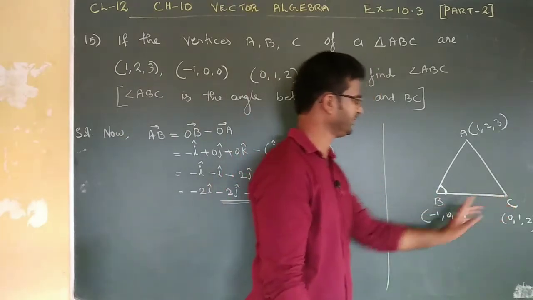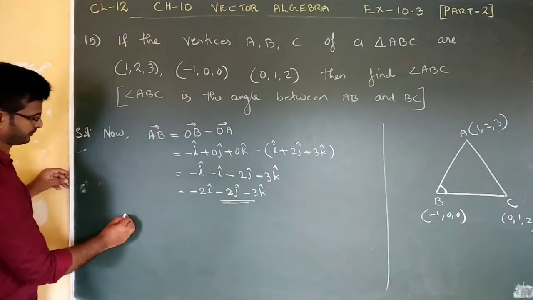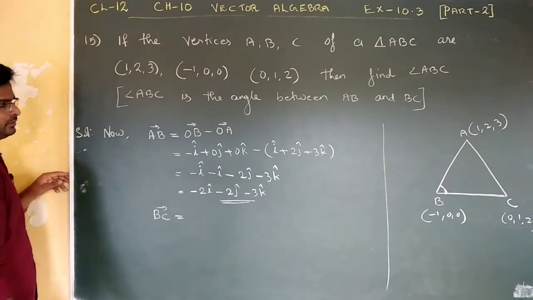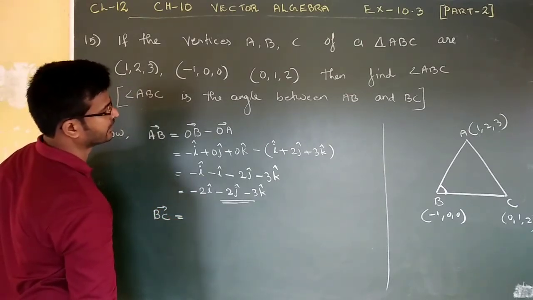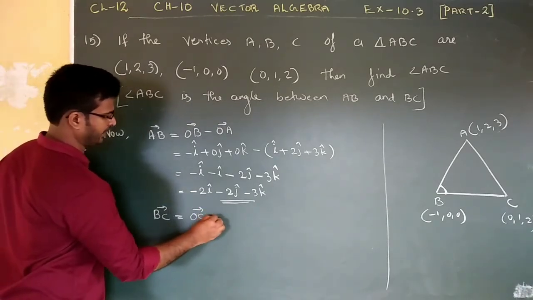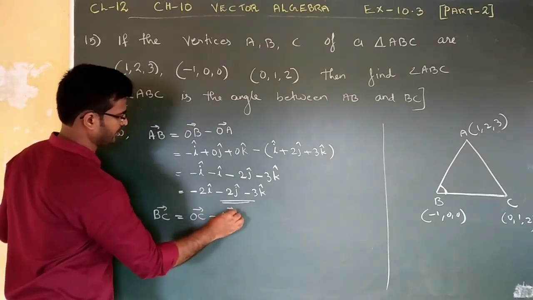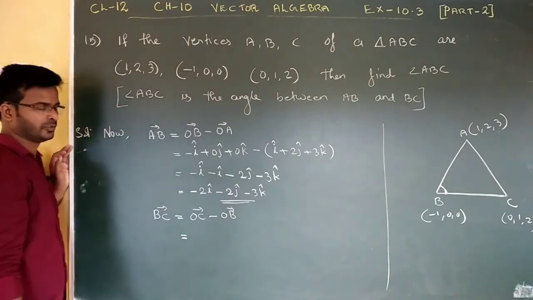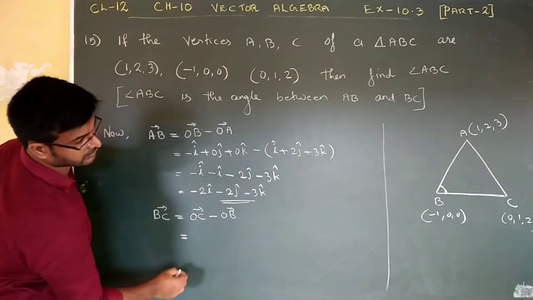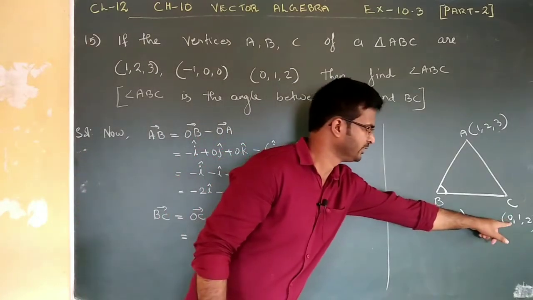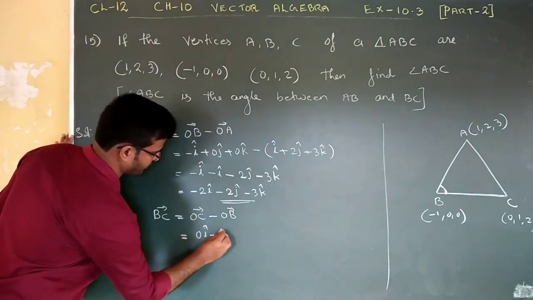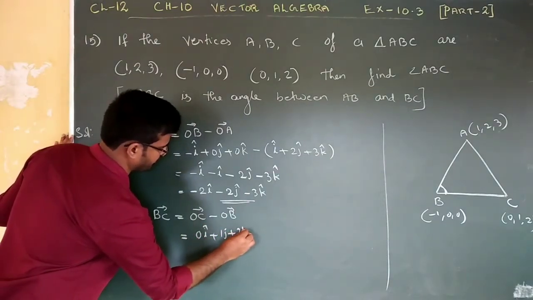Then what will we find out? We will find out BC vector also. BC vector means OC vector minus OB vector. OC vector is, take this point, 0i plus 1j plus 2k.